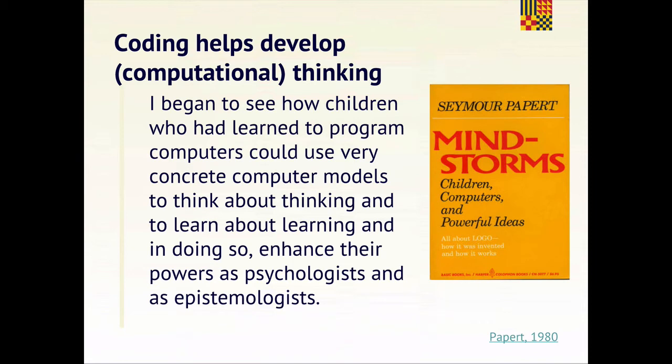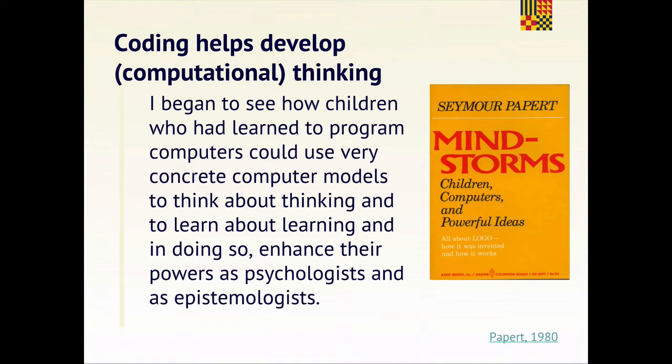But the coding is important too. You can do this through unplugged activities. We can teach algorithms through making pizza and making jam sandwiches, and that's fabulous. But the second part of Wing's definition matters too. Being able to automate the process, being able to get a dumb machine to carry out those ideas is important. And Papert's insight was that the children who'd learnt to program started thinking about things differently.